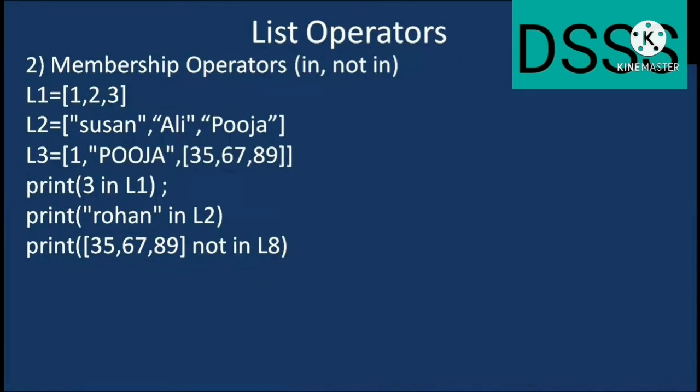Yes, so it returns the value true. Rohan in L2. In L2, can you see Rohan? No. So it will return the value false. Next, 35, 67, 89 in L3. 35, 67, 89 is not there, so it returns false. True, false, false.